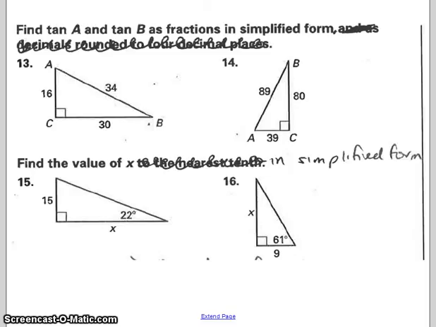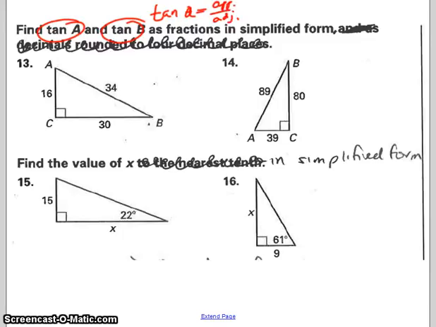Numbers 13, 14, 15, and 16. We have to find 13 and 14. We have to find tan A and tan B as fractions in simplified form. So tan of the angle, tan theta, or you could use a lowercase a for the angle, is opposite over adjacent.